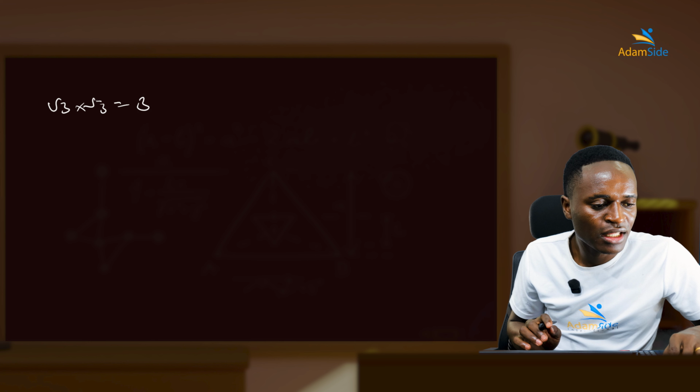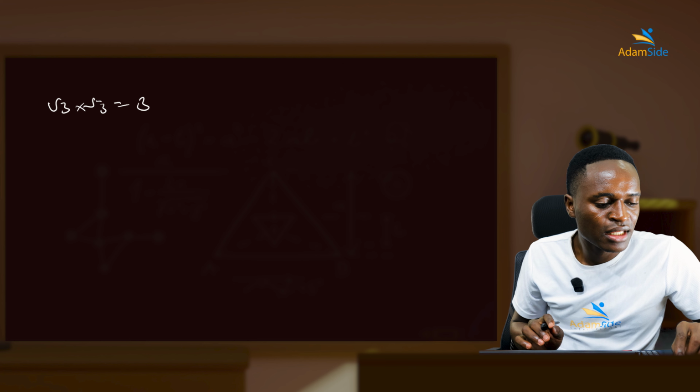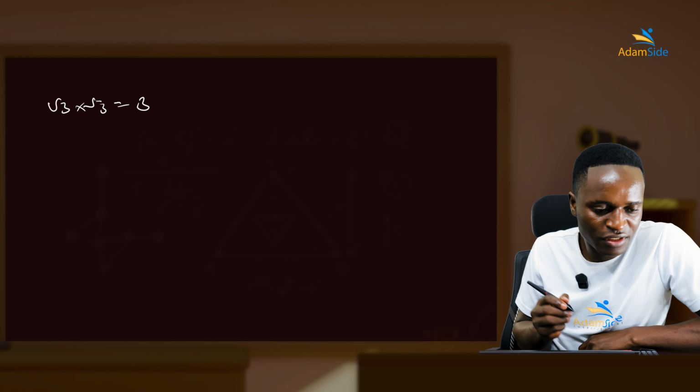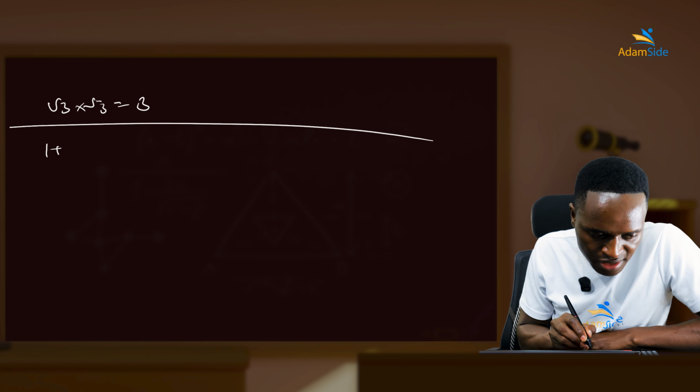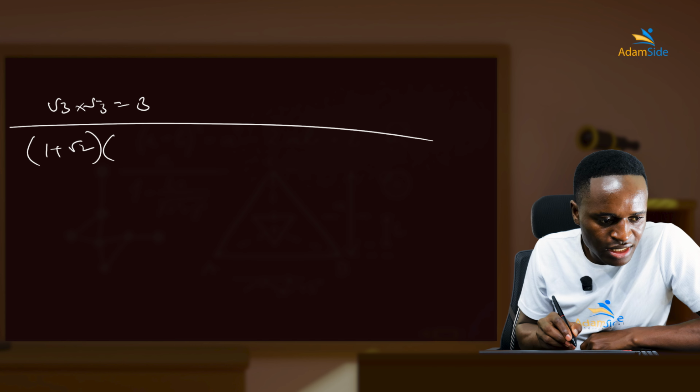Then we can have another question, in a different format. They say expand 1 plus root 2 times 3 minus root 2, and give your answer in a different format. Here they want you to understand the concept.